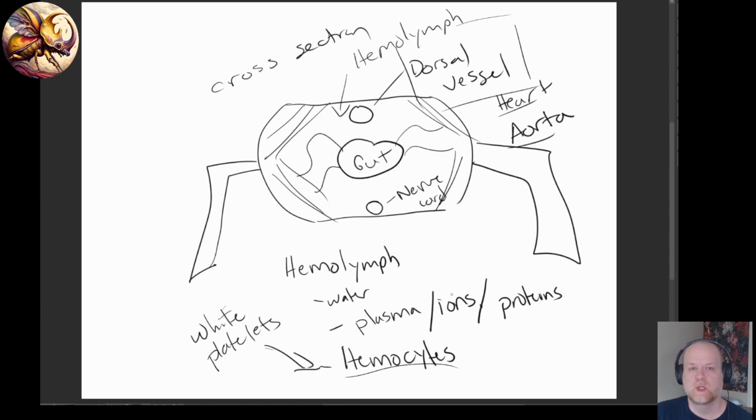They do have hemoglobin in their hemolymph, free hemoglobin, and that hemoglobin is used for oxygen transfer, but generally those insects live in very low oxygen environments or are aquatic in some way, and so they have a higher need for oxygen from the environment than something like a dragonfly would, because dragonflies exist on land and in the air. So hemolymph does occasionally have hemoglobin in it.